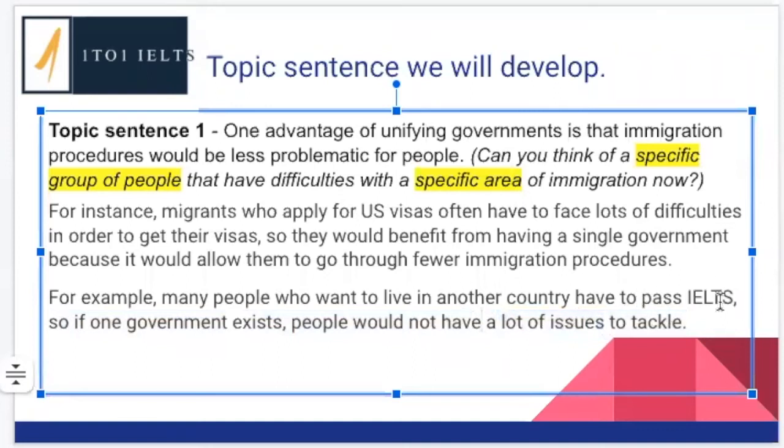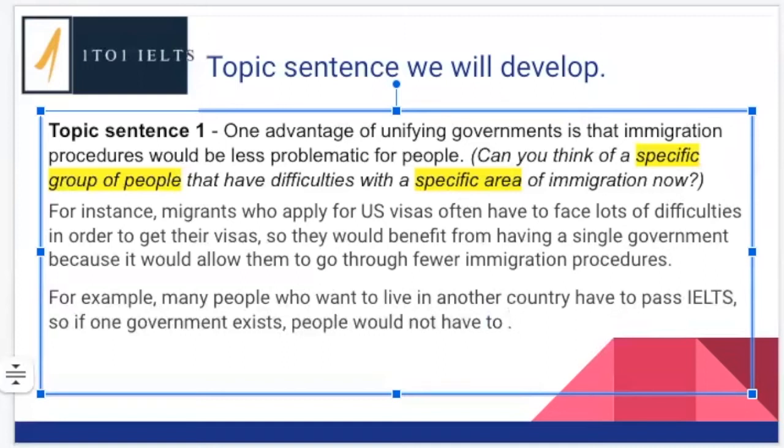So we're trying to relate this to IELTS. So if one government exists, people would not have, what would they not have to do, which is related to IELTS? Aha, tomorrow, I think that's a bit better, yeah.